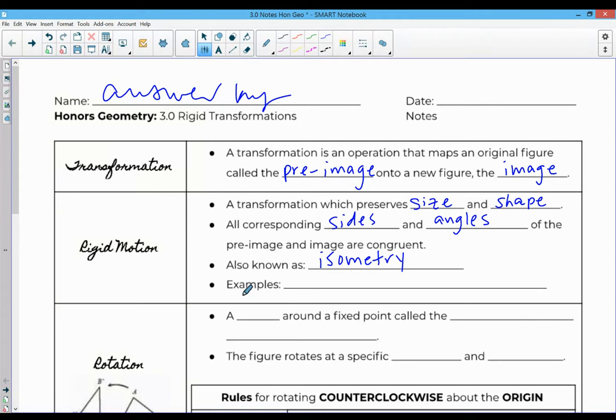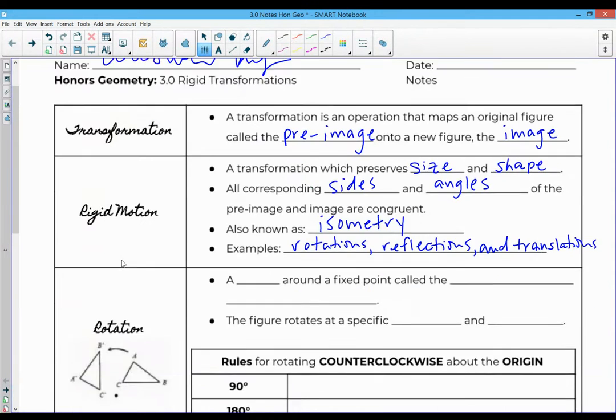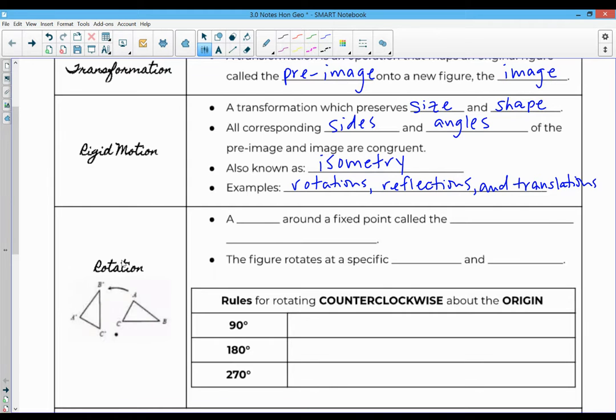Examples of rigid motions are rotations, reflections, and translations. So we're going to start by looking at rotations.